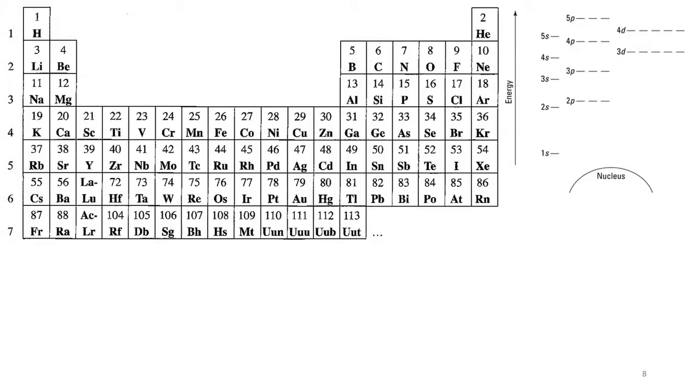In molybdenum, you will find the electron configuration as the krypton core, and you will have 4d5 5s1. You might expect something like this for molybdenum.